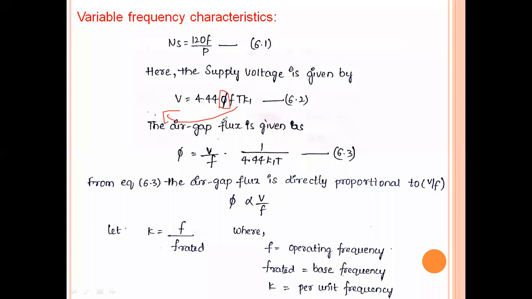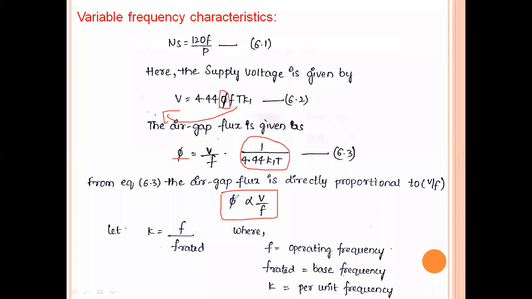Now we can write flux φ = V/f × 1/(4.44 K1 T). 4.44 is a constant, K1 is a constant, and T is the number of turns for a particular designed machine, also a constant. So this entire term is a constant value. From equation 6.3, we can say that the air gap flux φ is directly proportional to V by f, the ratio of voltage to frequency.